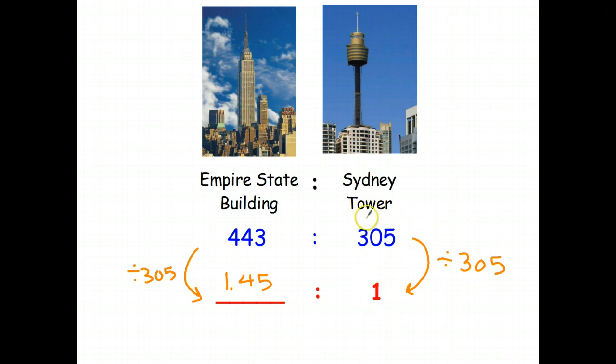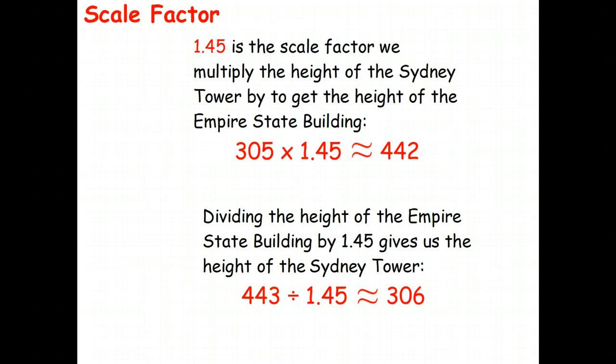Now it turns out we really don't have to use this method to solve scale factor questions. You can usually do it just by multiplying or dividing. So the only thing you really have to think about is which do we do. So for example, if you know the height of the Sydney Tower and you're trying to find the height of the Empire State Building, you just multiply by 1.45.